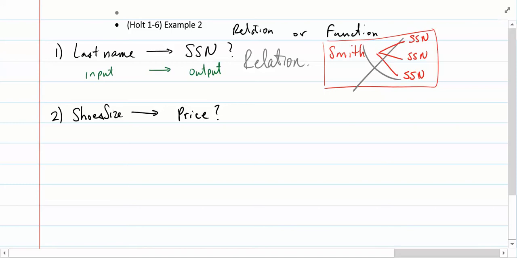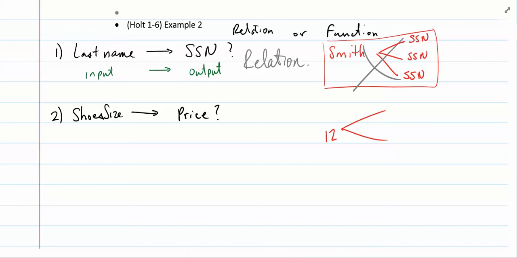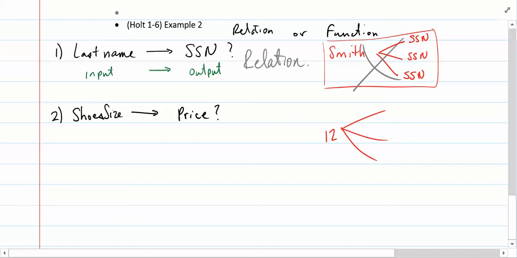Well, again, let's think about what might happen if I drew a map of that. Let's say I go to the store and try to buy a size 12. Well, if I buy a size 12 in Nike Air Jordans, I'm going to pay one price. If I buy a size 12 of Chuck Taylors, I'm probably going to pay another price as well. And if I think of maybe dress shoes versus tennis shoes, I could be paying a completely different price.